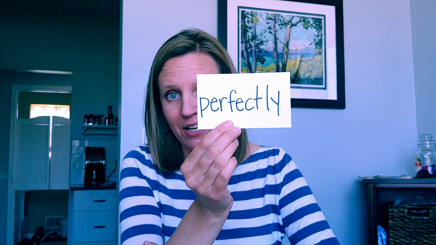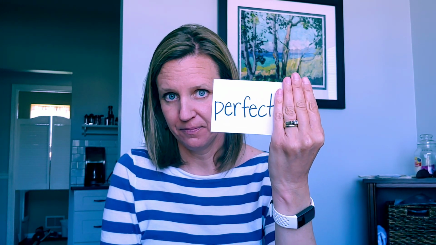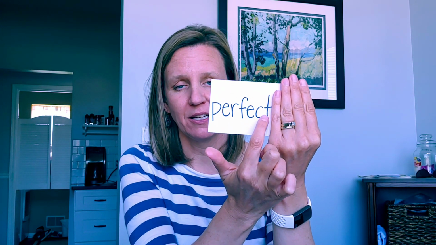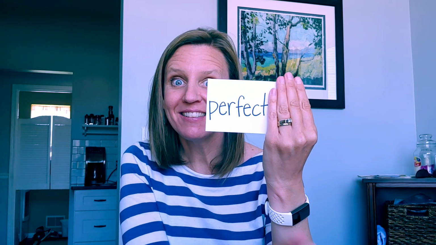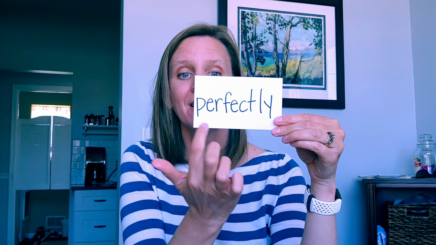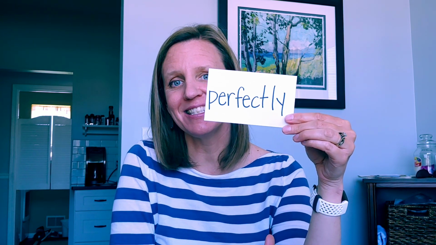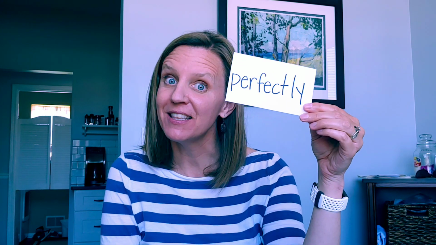A lot of letters in this word. Try covering up the suffix. Perfect. Now we can add the suffix ly. Altogether it would be perfectly. Perfectly means in a perfect way. Like you did that perfectly.